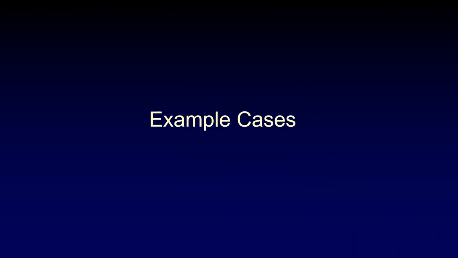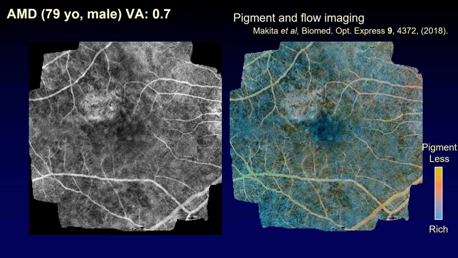Let me show some cases. The first case is an age-related macular degeneration. In the OCTA, we see the signature of abnormal blood vessels. In the pigment and flow image, this vasculature appears as yellow.